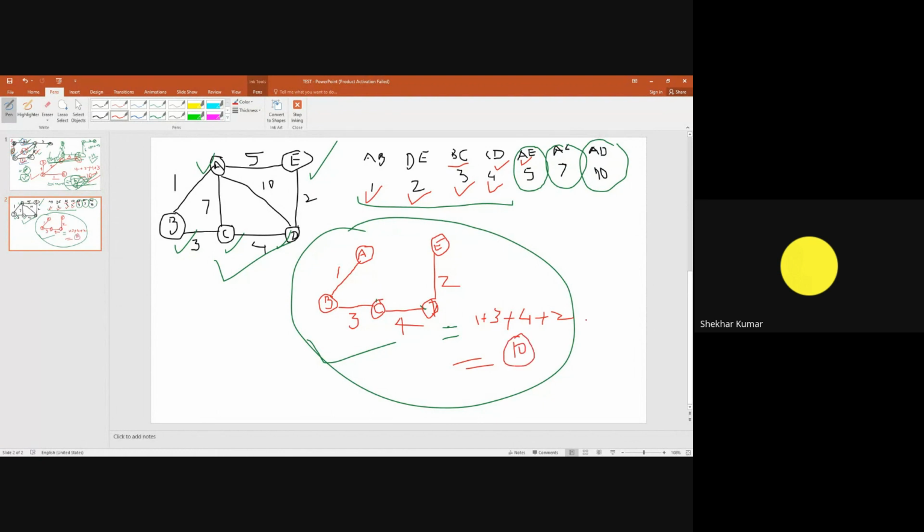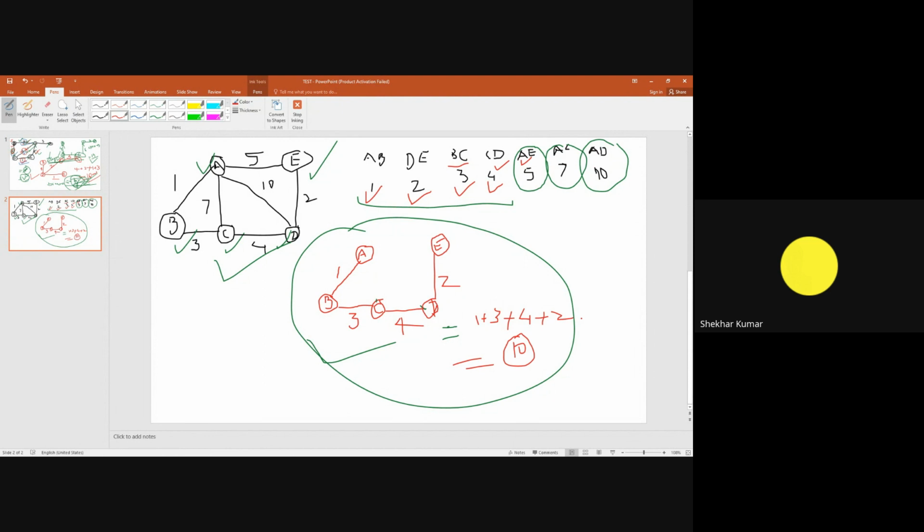Okay. So in the Kruskal algorithm, the goal of the algorithm is to find the minimum spanning tree, in which at every step I have selected an edge with minimum cost, and I have added that edge in the minimum spanning tree.